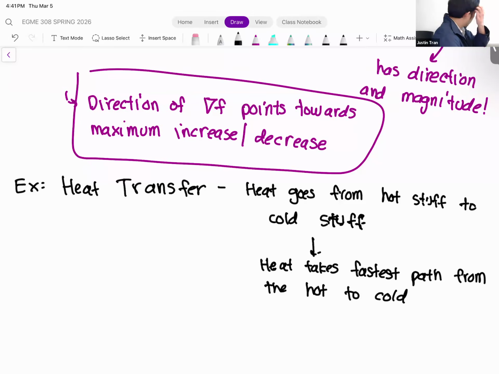That idea is actually encapsulated in the first formula you learn in the heat transfer class, known as Fourier's law.